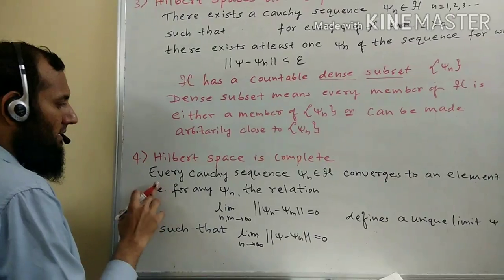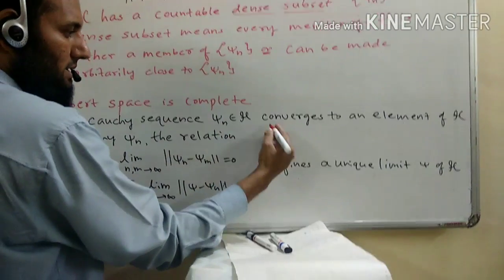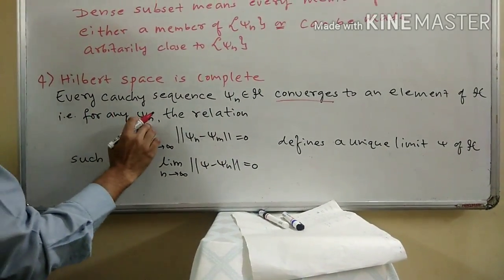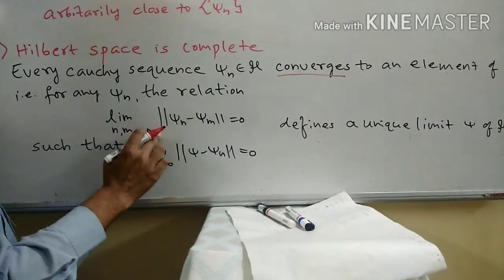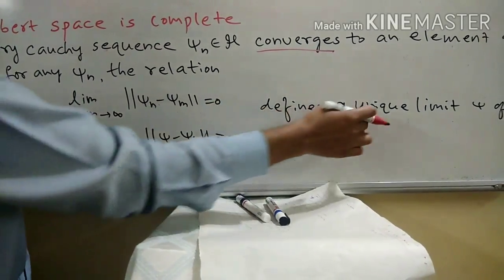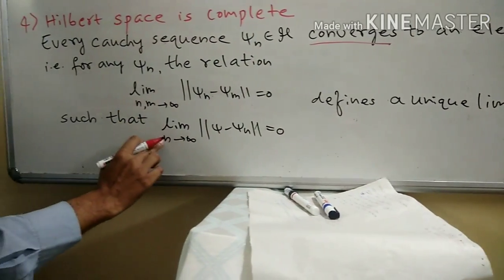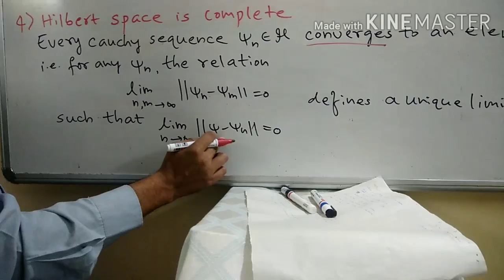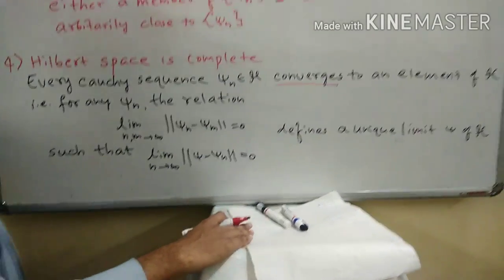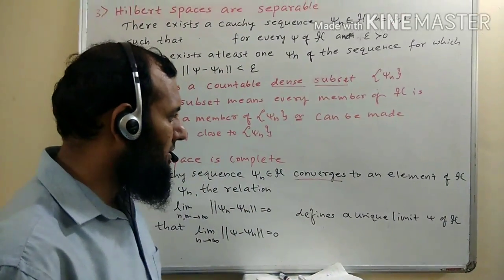The definition is: every Cauchy sequence psi n belonging to H converges to an element of H, that is, for any psi n, the relation limit of the absolute value of psi n minus psi m equal to 0 defines a unique limit psi of H such that the limit as n tends to infinity of the absolute value of psi minus psi n is equal to 0. Students, don't worry about all these things. Just remember, but we will not go into the physical meaning of all these things.